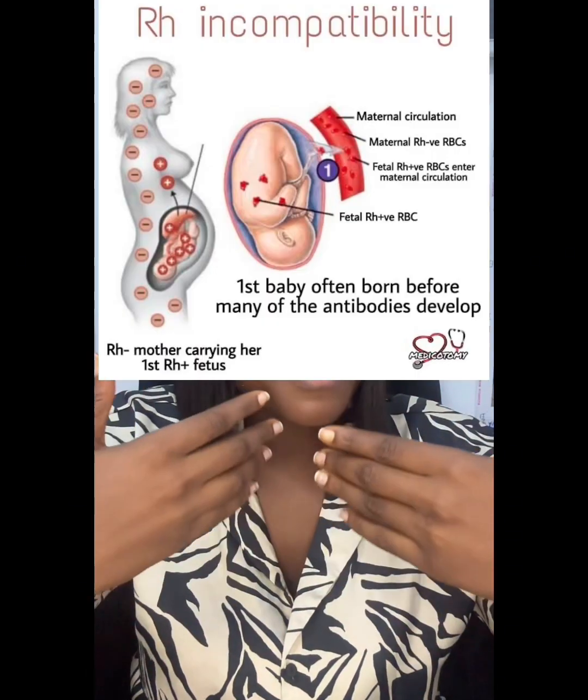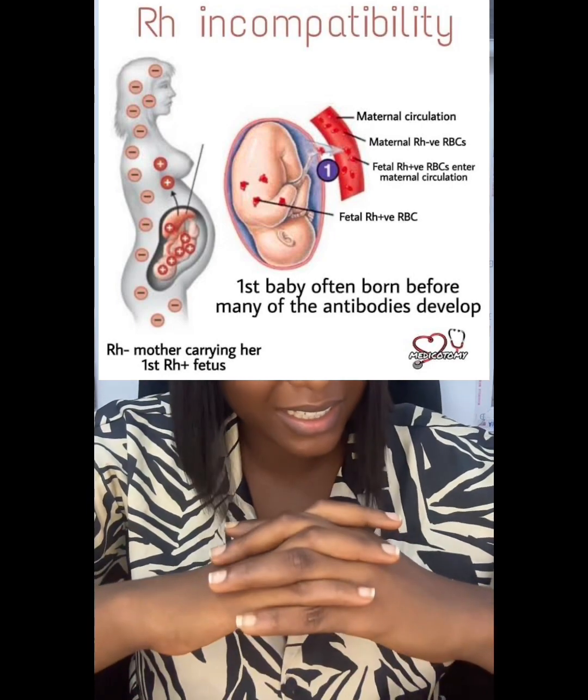So now when the woman gets pregnant again from that same father, and the fetus is still Rhesus positive, normally, I told you, there is a minute combination of the mother's blood and that of the child when the child is still in the womb.